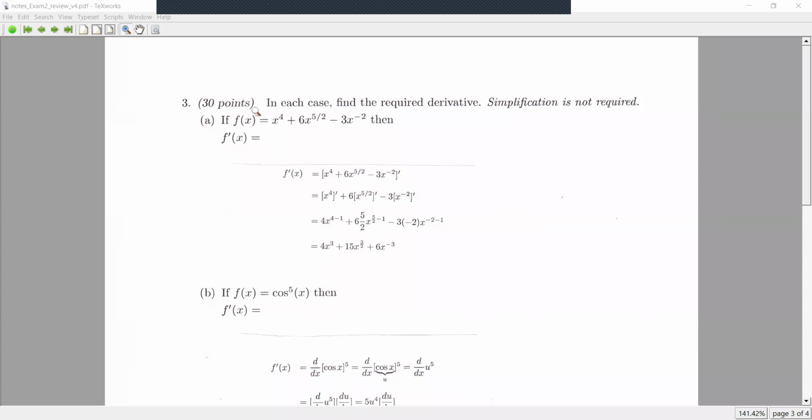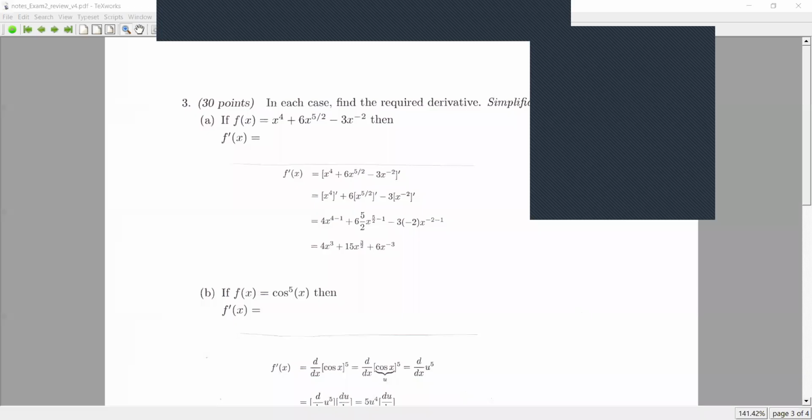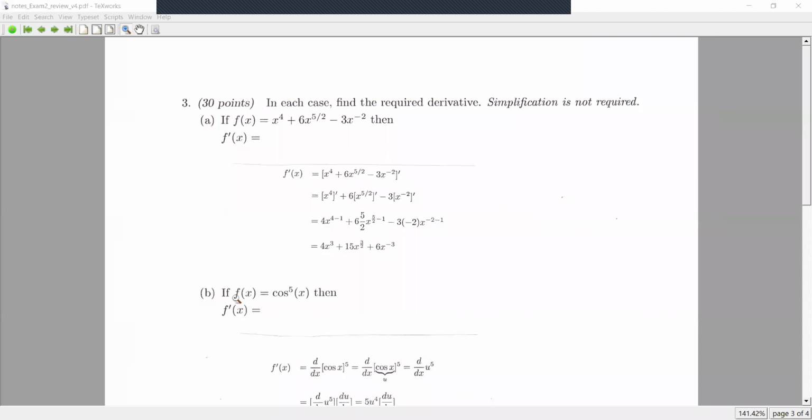Problem 3. In each case, find the required derivative. Simplification is not required. This problem has 6 questions. Let me pick 2 questions to answer. Question B. F is cosine to the 5th of x.